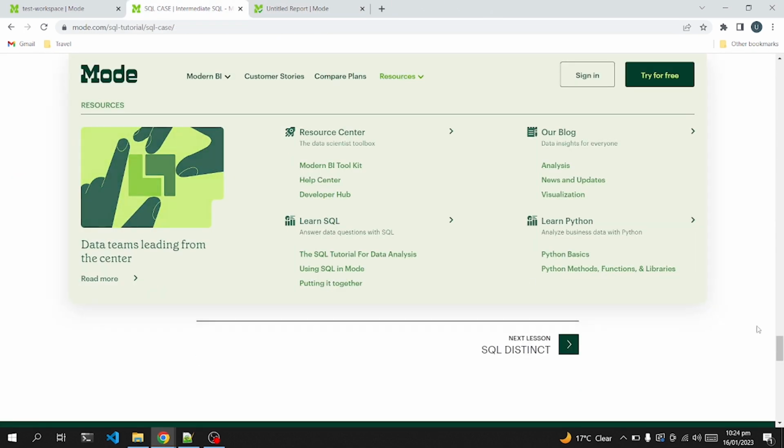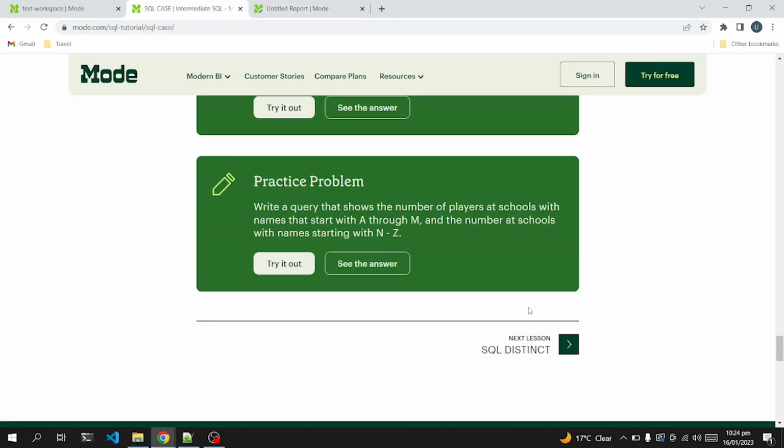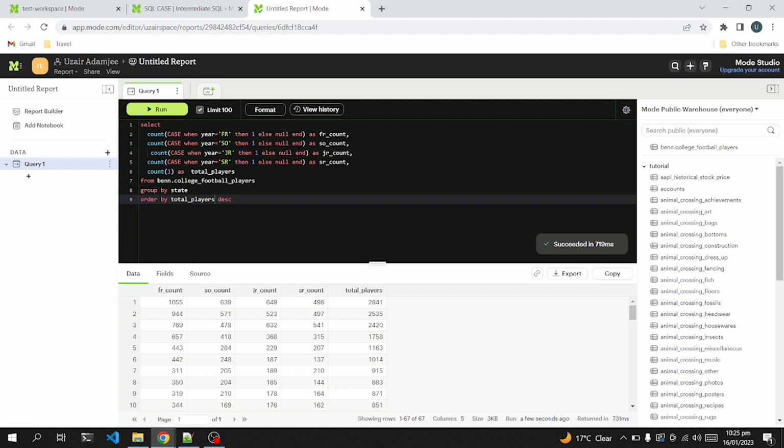Now let's jump to the last problem of the SQL function. Write a query that shows the number of players at schools where the name starts with A to M, and the number at schools where the name starts with N to Z. So the case statement should be involved in this query, and it has 3 conditions. Let's try it out first.